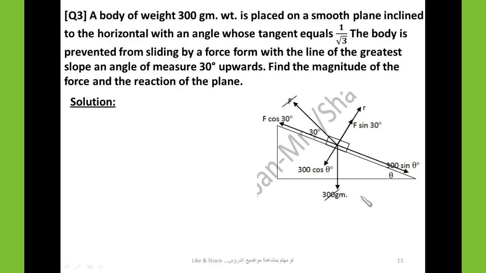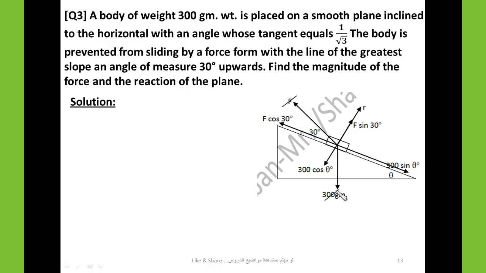We have many ways to solve this problem, and we'll solve it by factorization. We factorize F into two perpendicular directions, F cosine 30 and F sine 30. Note that the line of action of R is perpendicular to the plane because it is a smooth plane.